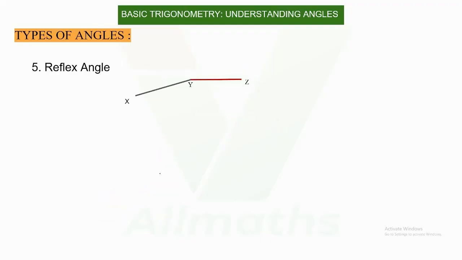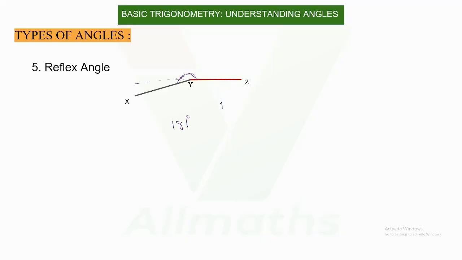The last but not the least is the reflex angle. Remember we just treated the straight angle, which ought to be here, right? Which is 180. But the reflex angle is any angle that is more than the 180, more than the straight line, like that. It could be 181 degrees, that's a reflex angle.